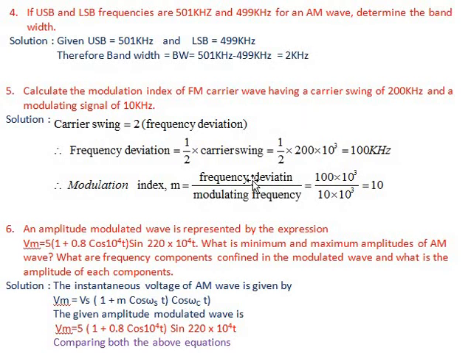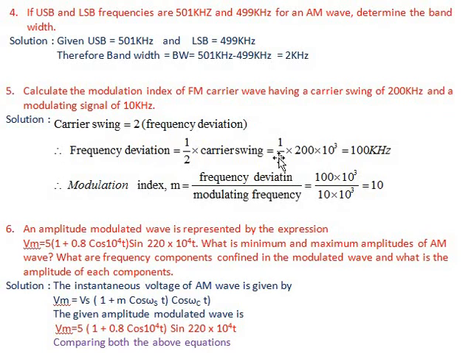And in the fifth problem: calculate the modulation index of an FM carrier wave having a carrier swing of 200 kHz and a modulating signal of 10 kHz. Remember, dear students, this is a more important problem.